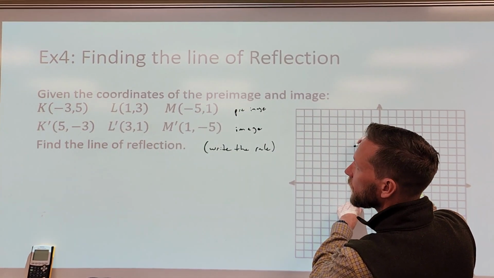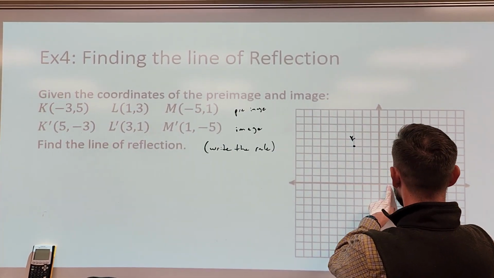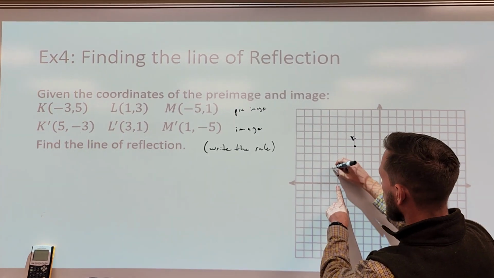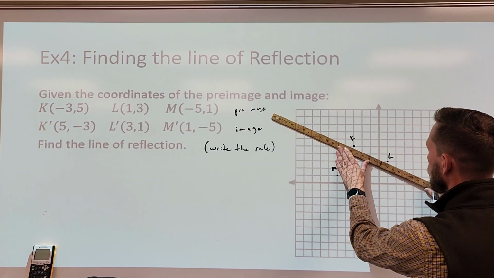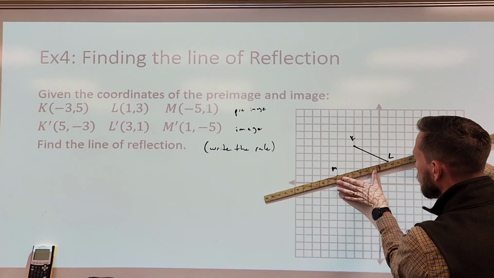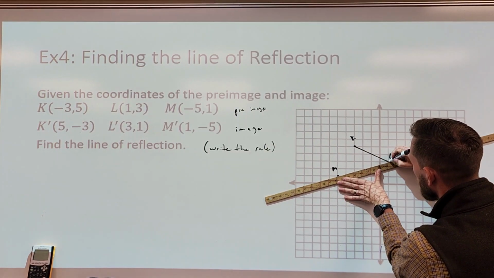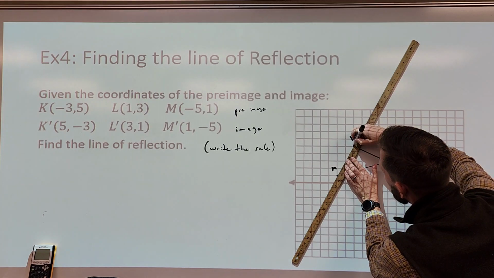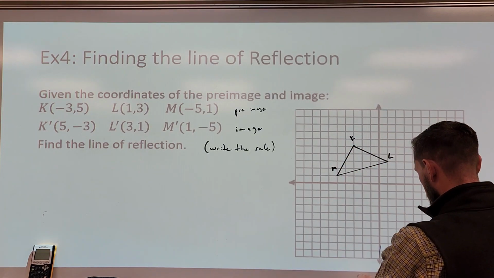So -3, 5 is K, 1, 3 is L, and -5, 1 is M. So this is our original triangle, KLM. And then our next one is K prime, L prime, M prime. And so we're going to see how this is reflected.